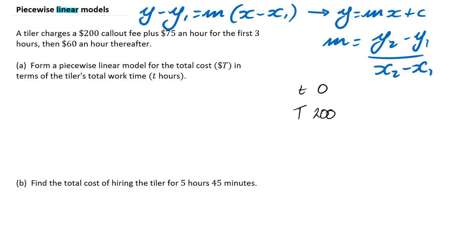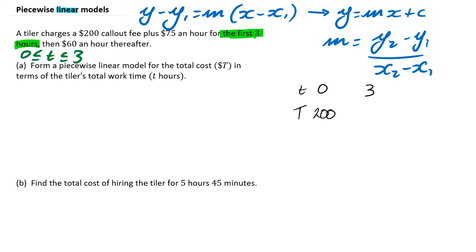This bit here, the first 3 hours, actually gives us the domain for the first part of this piecewise linear model. That's 0 up to 3 hours, so it makes sense to find this end point.